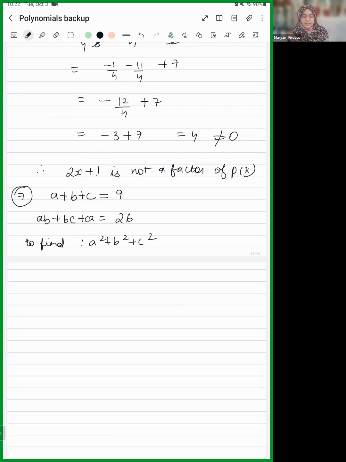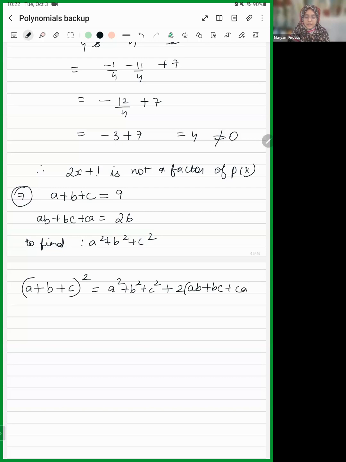Do we know about a plus b plus c whole square? What is this equal to? Will someone tell me? a plus b plus c whole square is a square plus b square plus c square plus 2 times ab plus bc plus ca.